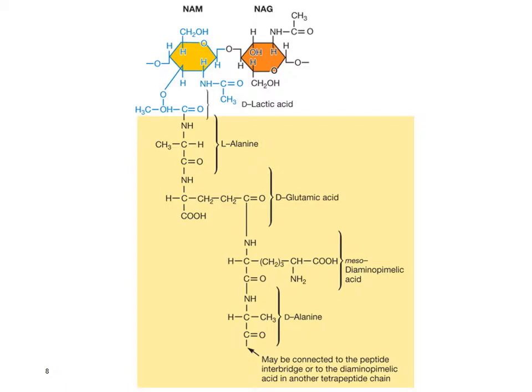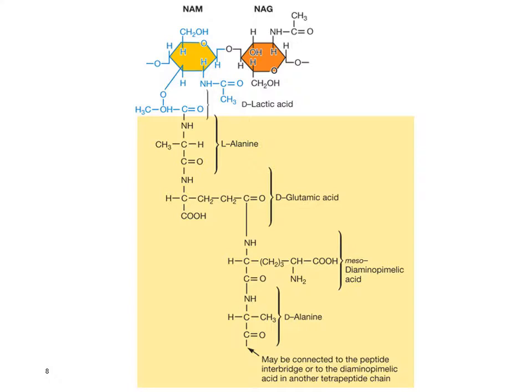Here we have an illustration of a single subunit of peptidoglycan. This particular peptidoglycan monomer is found in E. coli bacteria and also in most other gram-negative bacteria. So we can see at the top of screen one NAM and one NAG.